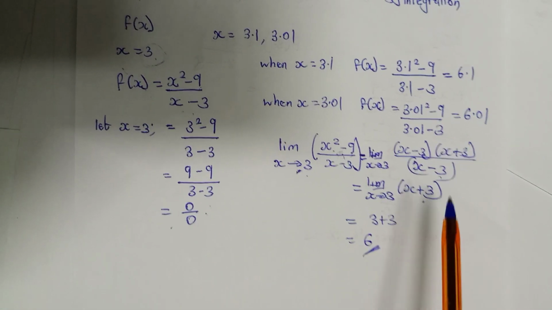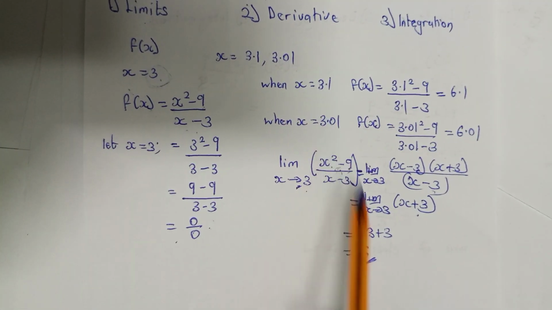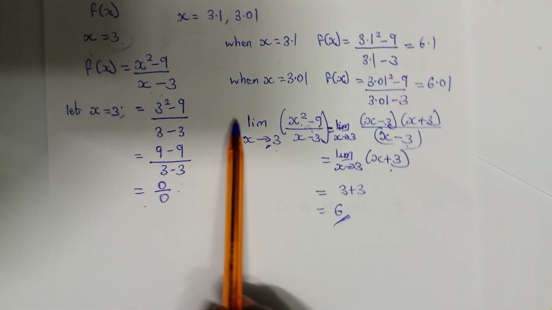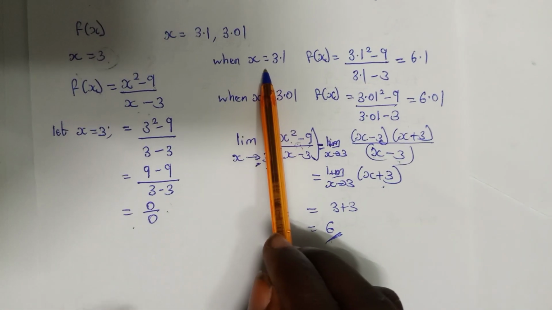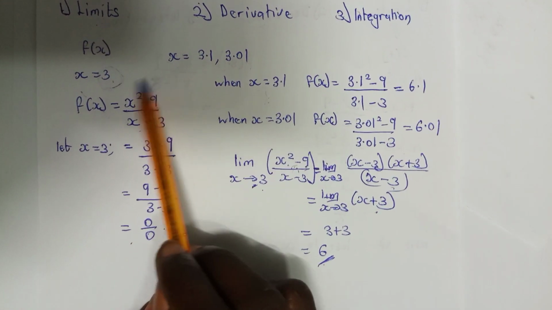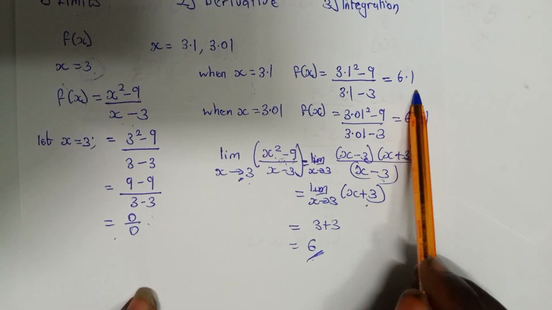So you could see that as x approaches 3, we are able to get 6. When x equals 3.1, which is closer to 3, we get f of x to be 6.1.